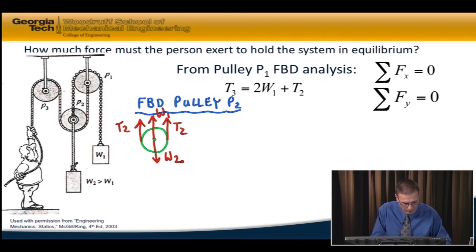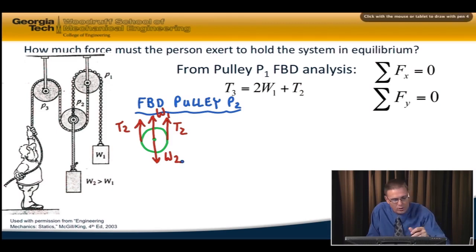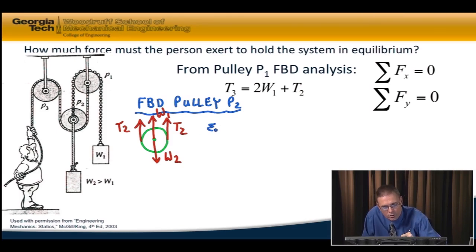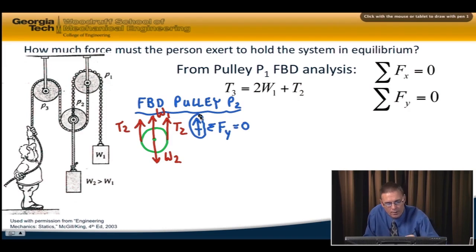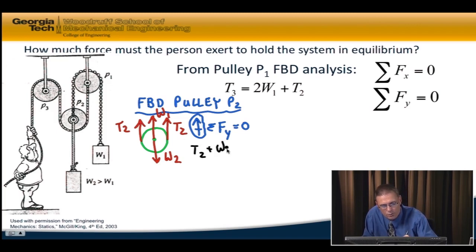Once we've got that, we can assemble our equation. Again, there are no forces in the x direction, so we'll only sum forces in the y direction and set it equal to 0. I'll choose up as being positive. So I've got T2 positive because it's up, plus W1 positive because it's up, plus T2, minus W2 equals 0.